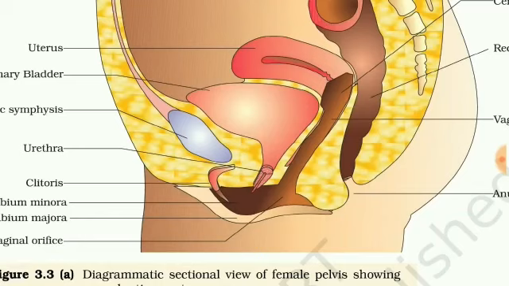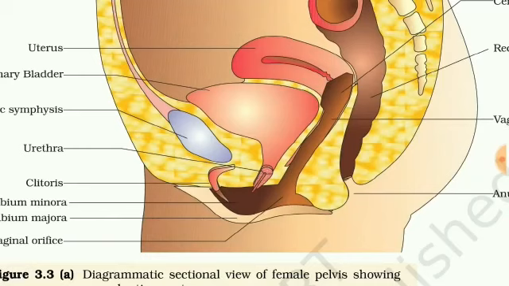Listen to the diagram. The sperm movement and the urinary tract, that is the urethra, are different in female. In male, the urethra delivers both the sperm and the urine, but in female the entry of sperm is through the vagina and the cervix, while the urinary bladder and the urethra form a different pathway.